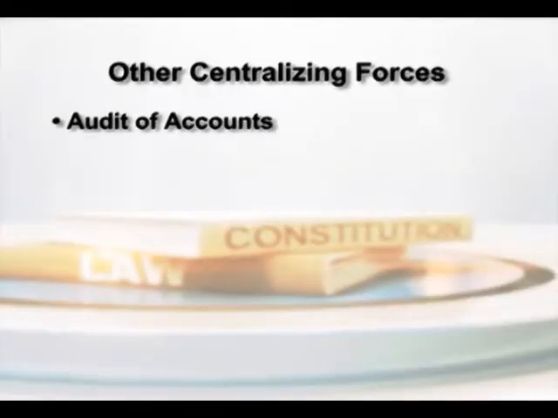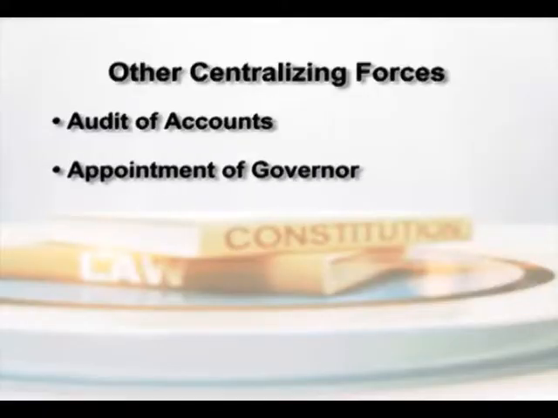There are certain other centralizing forces. Audit of the accounts of both the center and the states is carried out by the Comptroller and Auditor General. So, the center has its dominance over the state financial transactions. A governor is appointed in a state by the president. Again, the so-called non-political president. The governor acts as the agent.